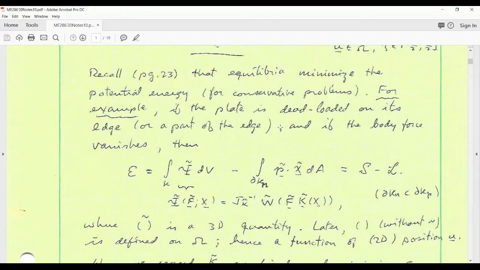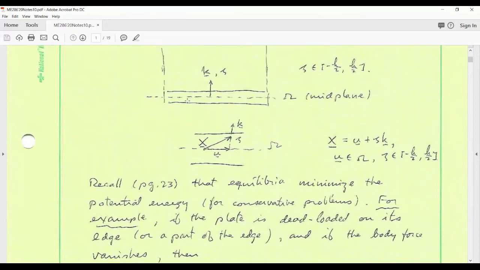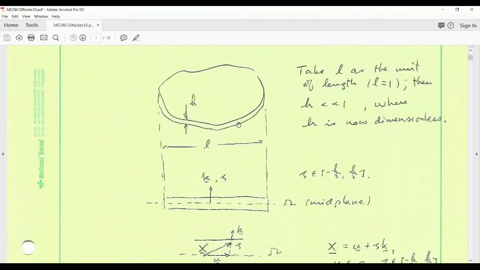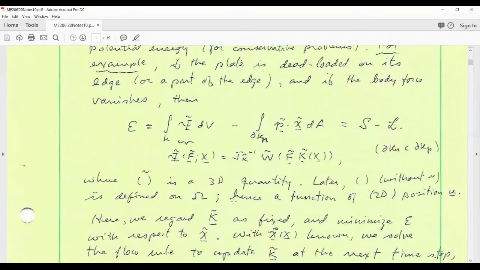Let's suppose the plate is dead loaded on its edge. So we have a traction distribution along the edge, or part of the edge, right? And let's suppose that the top and the bottom surfaces here and here are traction free. Just as an example, of course, we can easily generalize that.